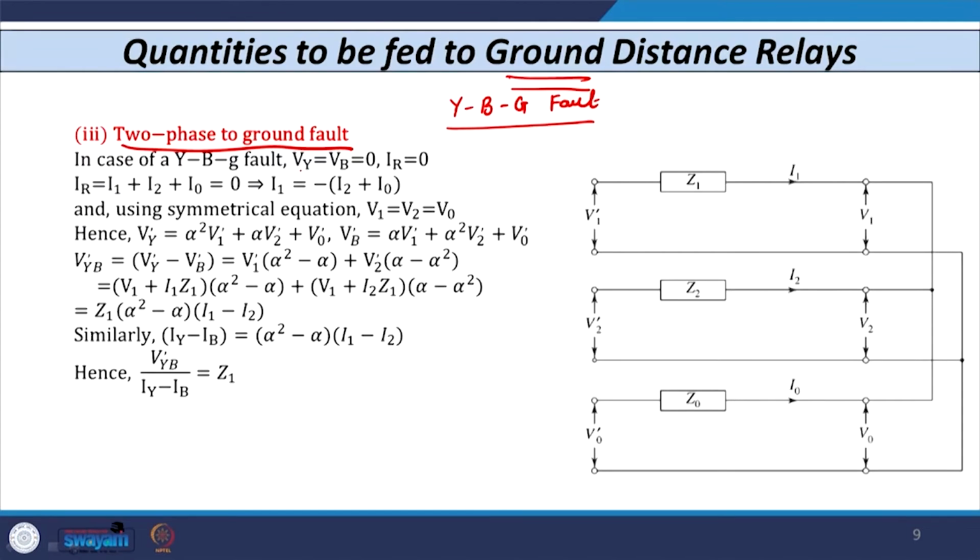So again Vy is equal to Vb in this case also, and as we have Vy equal to Vb, we have V1 equal to V2 also. The R phase is not involved, so IR is equal to 0 in this case also. As IR is equal to I1 plus I2 plus I0 and IR is 0, we have I1 equal to minus of I2 plus I0, and V1, V2 and V0, all 3 are equal.